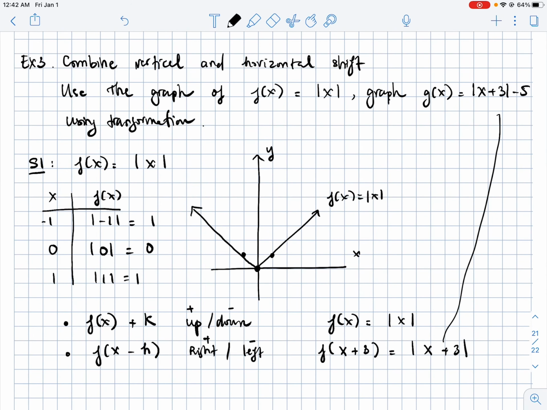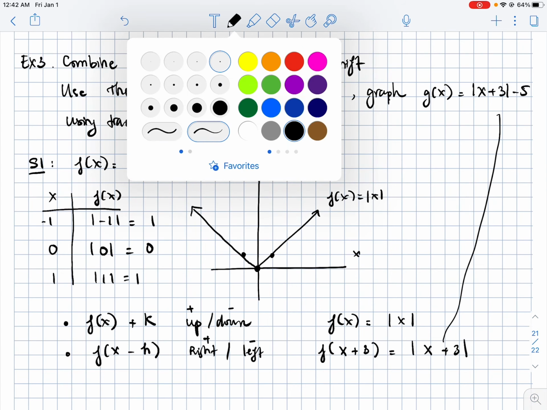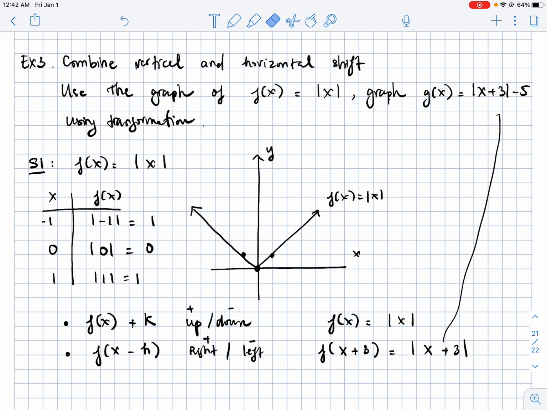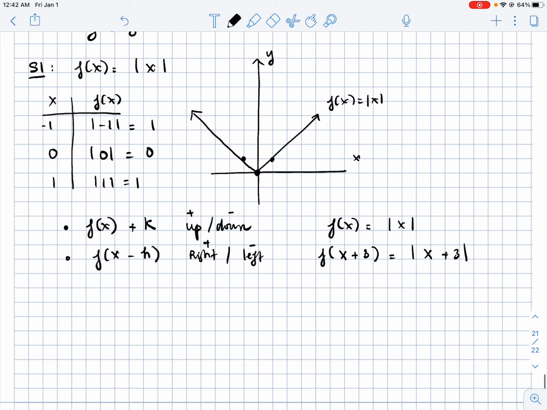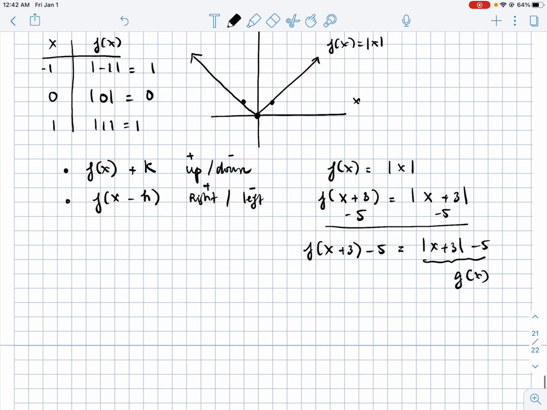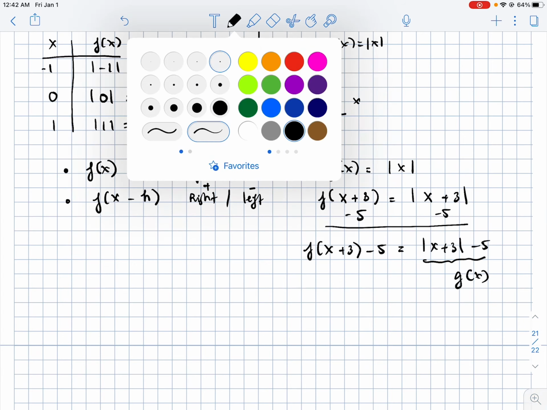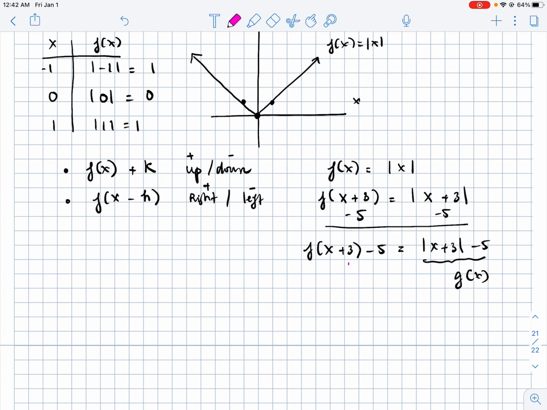Then you get absolute value of x plus 3, and this is exactly the function g. Then we subtract 5 on both sides, so we get absolute value of x plus 3 minus 5. This part is the function g.